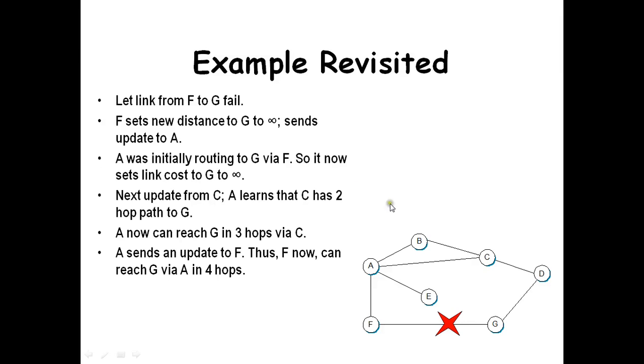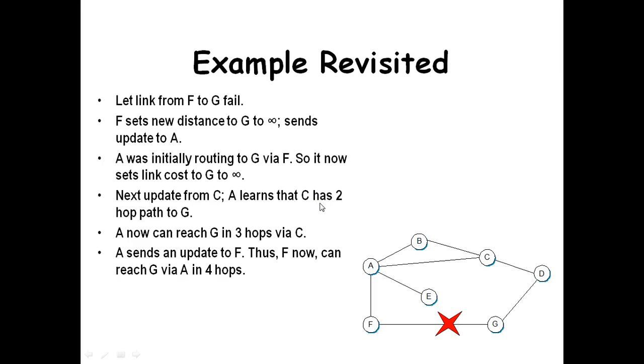Suppose in this graph there is a failure of the link from F to G. That link from F to G fails, so the distance between F and G will become infinity. So it now sets the link cost from F to G to infinity.